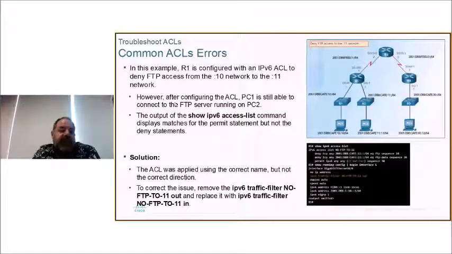IPv6. There you go. That's something different. In this example, R1 is configured with an IPv6 ACL to deny FTP access from the 10 network to the 11 network. However, after configuring the ACL, it was still able to work. And so we've got this show IP access list.